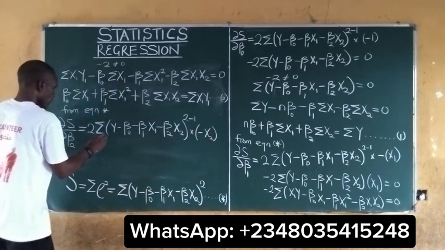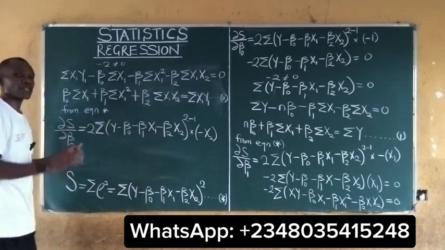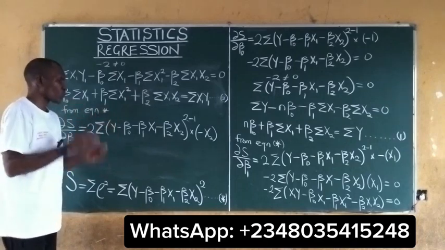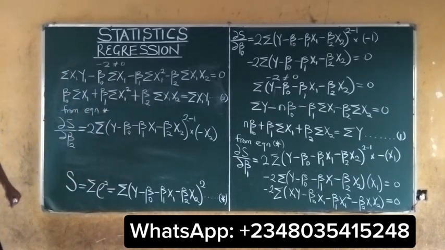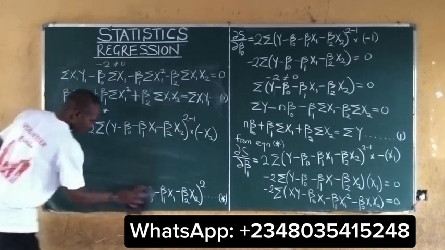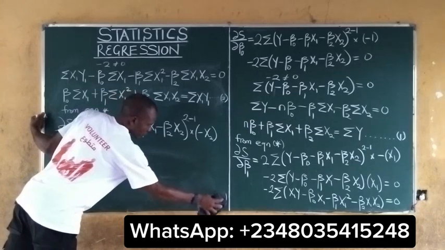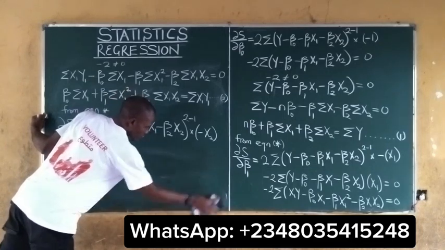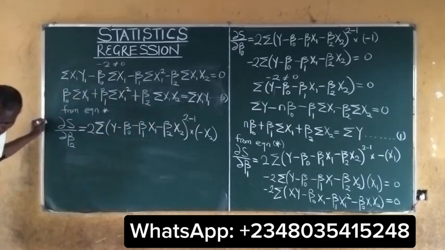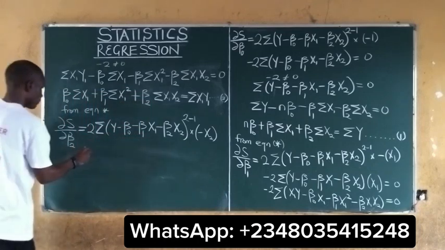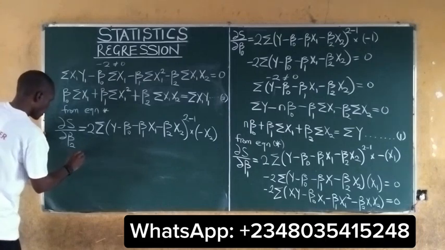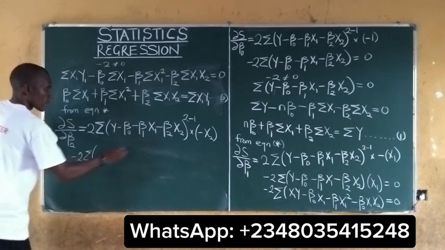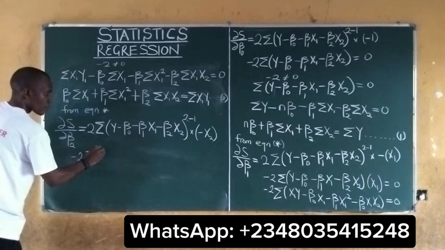To minimize or maximize a function, we equate that function to 0. Of course, we now have negative 2 summation. We multiply at once.